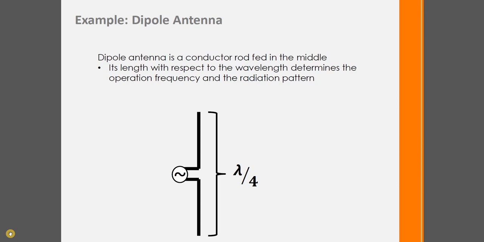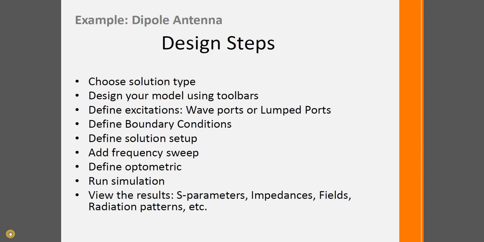So let's move on to see the design steps. First of all, we need to choose the solution type, which is modal analysis. Then design our model using toolbars. It consists of the two cylinders and the feed between them. Define excitation for the lumped port.